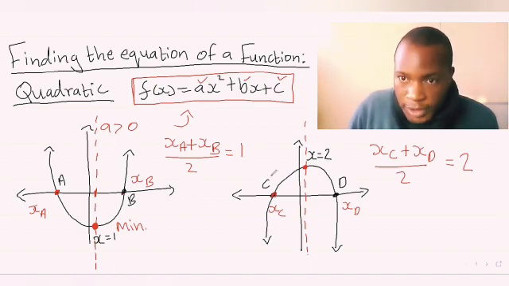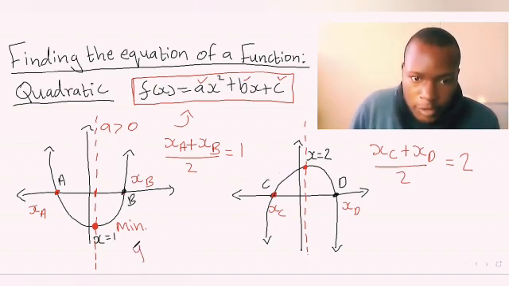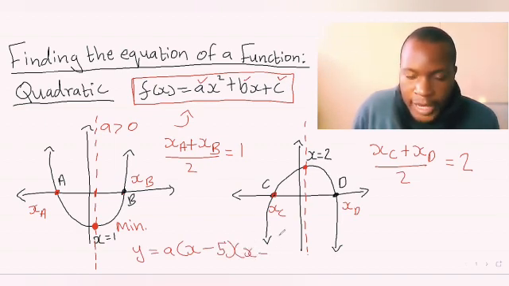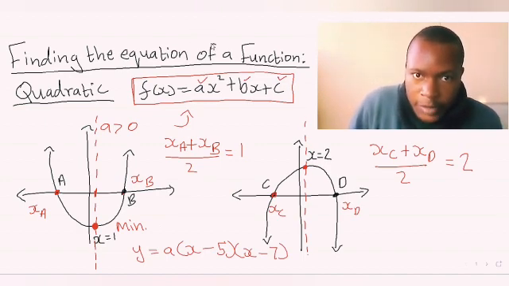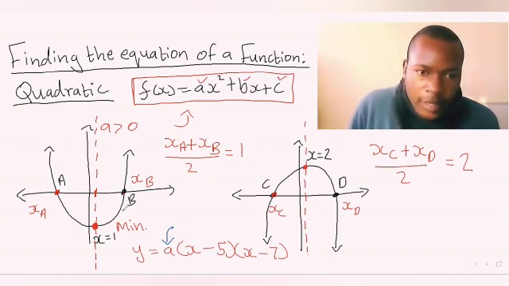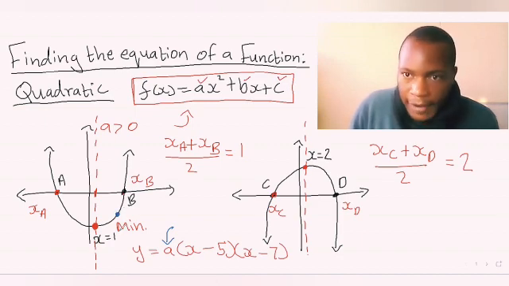Once you have found your roots, you can make use of the equation a times (x minus the root) times (x minus the other root). Maybe I'll have the root as 5 and the other root as 7. Once you have your roots, you can write your equation in this form. Since a is the only unknown, to find a you can use any point on the graph.